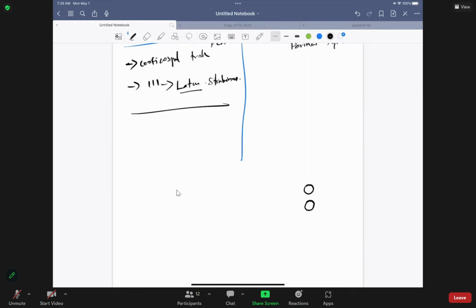Where did we come across Parinaud syndrome? Parinaud syndrome is caused by a tumor. What tumor is that? I have one answer. It's a pineal gland tumor.